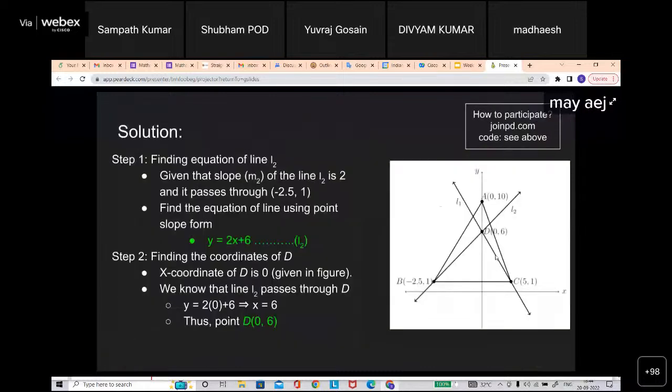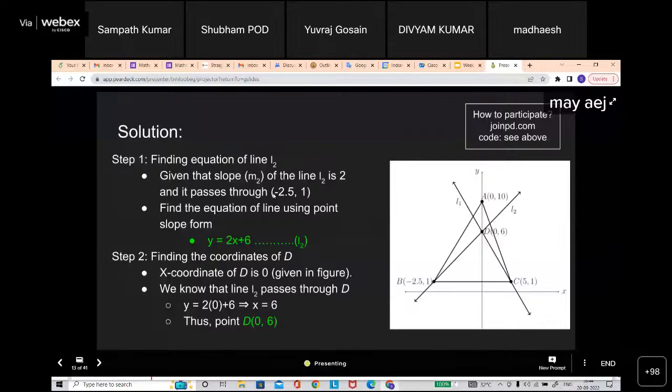In the first step, find the equation of line L2. The most important hint or information is that the slope of the line is given as 2. And the second thing is, from the picture you can see it passes through minus 2.5 and 1. So using the 1-point form, you already have slope and point.